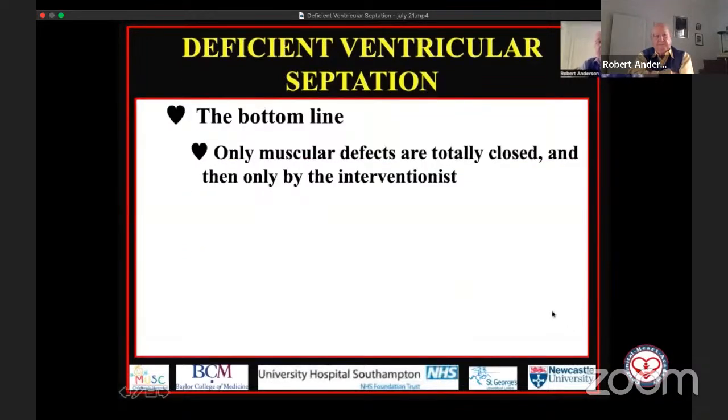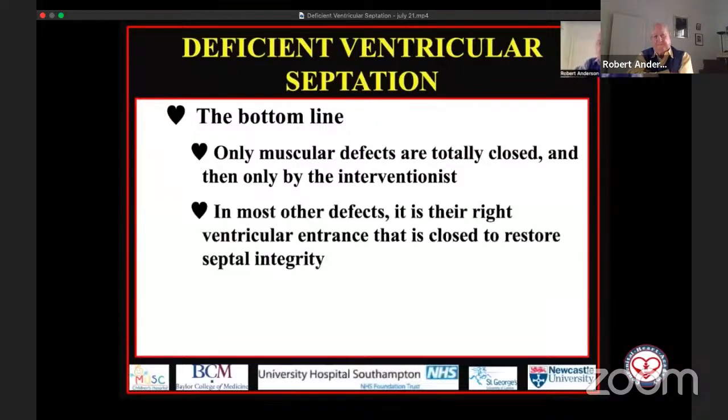But if we put everything together, then surgeons usually do not close the defect. They block off the right ventricular entrance to the defect so as to prevent shunting between it. And here is the key to what we have been trying to establish.